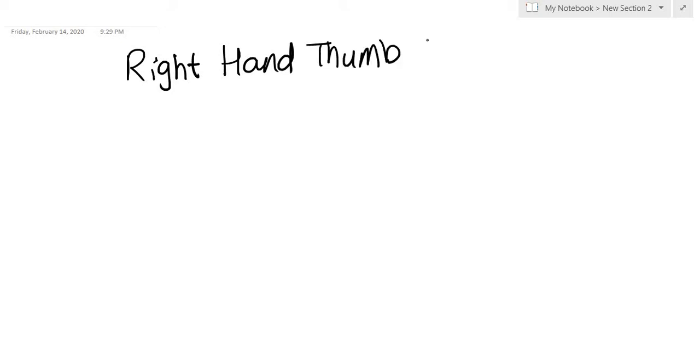So this is what I call the right hand thumb rule. Very useful rule, and it's always with the right hand, as the name suggests.